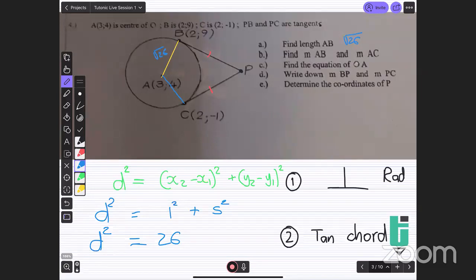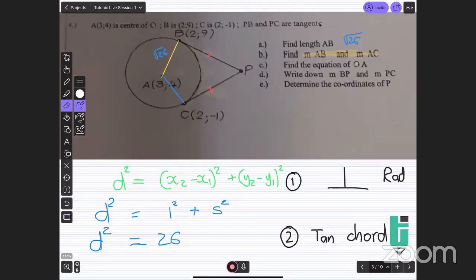Okay. Find, I think that's gradient, right? The gradient. M of AB plus M of AC. Okay, this is also easy. How can you find the gradient of AB? y2 minus y1 all over x2 minus x1.